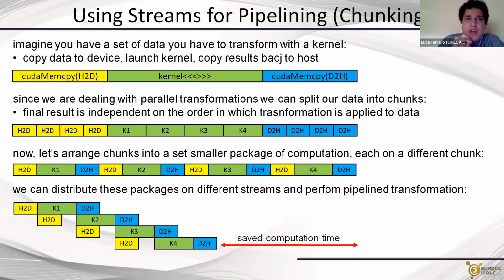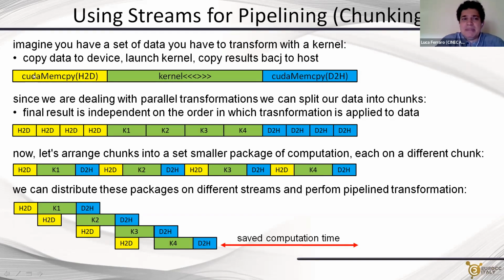Why are we using all these streams and asynchronous operations? Because using them together can be combined in a chunking pipelining transformation. Let me get it into steps. Imagine you have a set of data you have to transform with a kernel on the GPU. Up to now, what you could have done is copy the data from the host to the device.